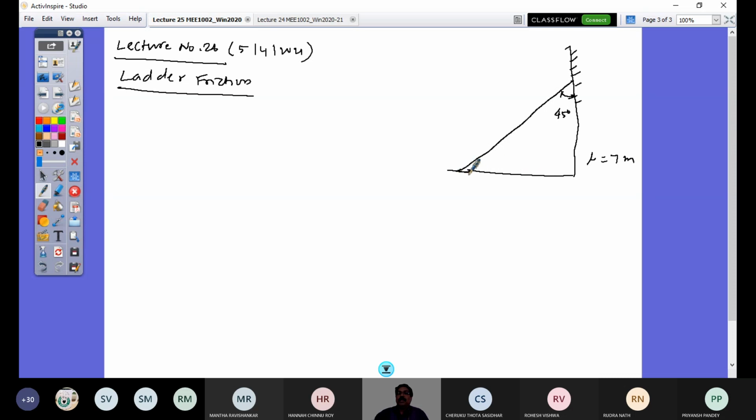Right, so let us say the point of contact of the ladder with the floor is point A, and the point of contact with the wall is B. This is a homogeneous ladder and weighs W, so that would act at its midspan. So this is the W load.